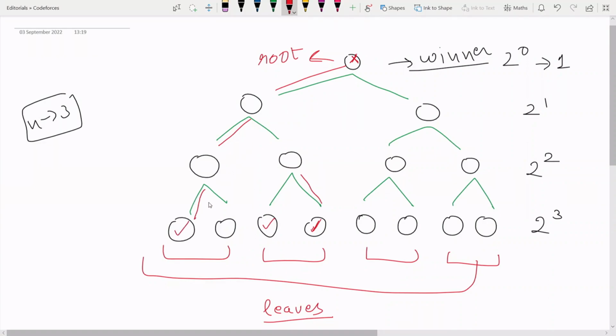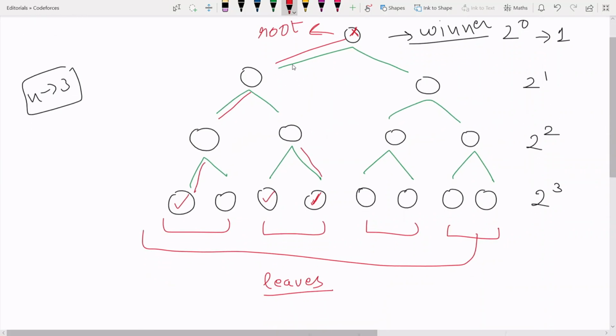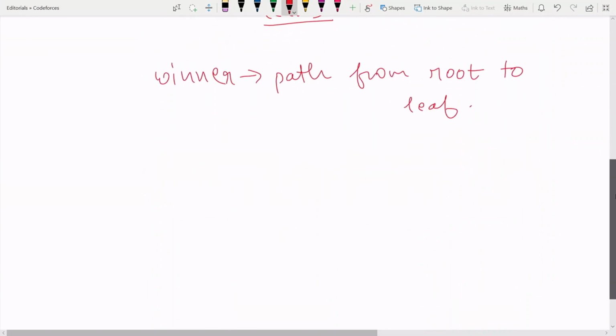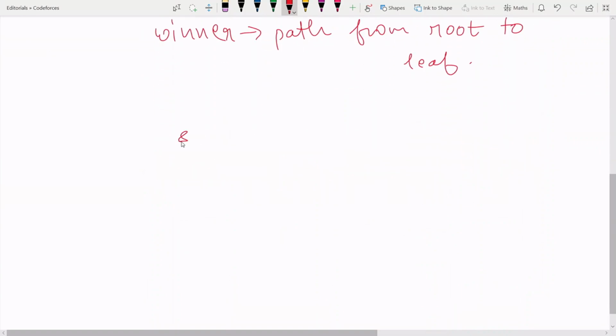Then the winner will be this. Which means that the sponsor can flip at most k characters of the path.